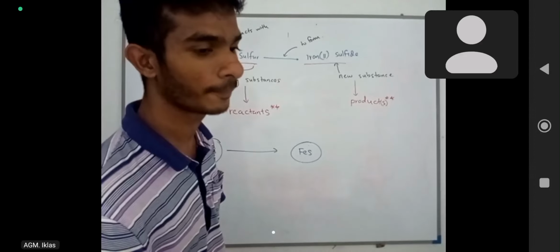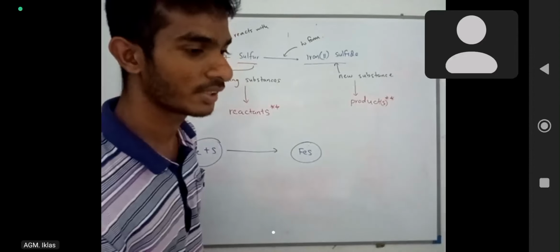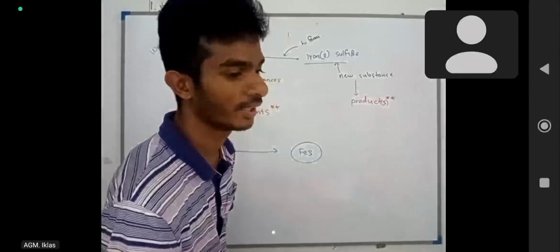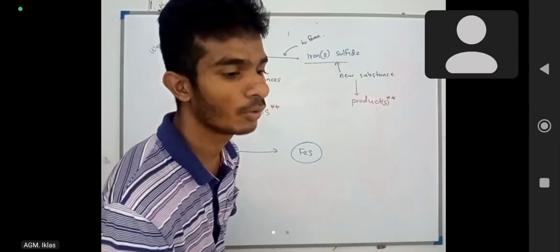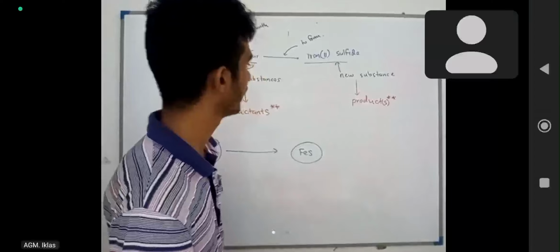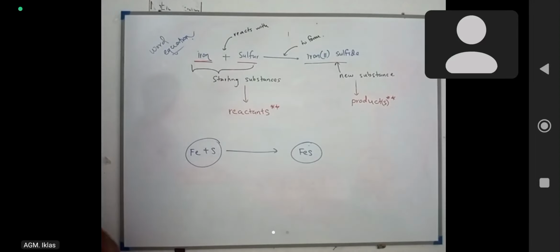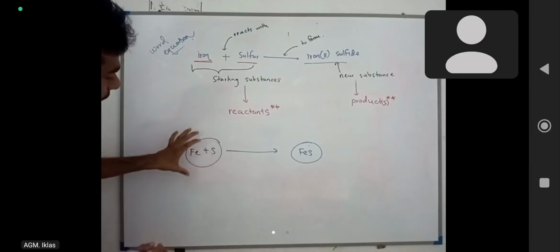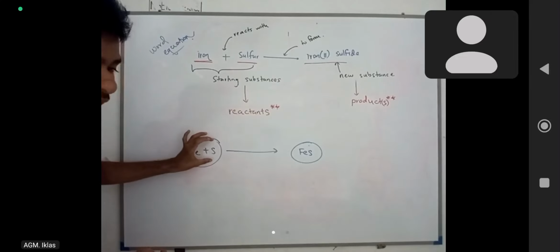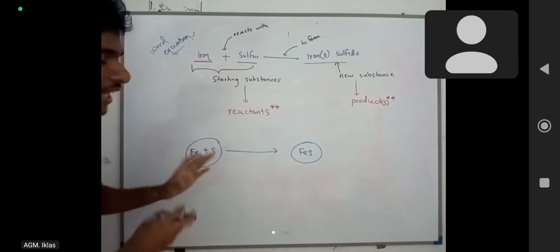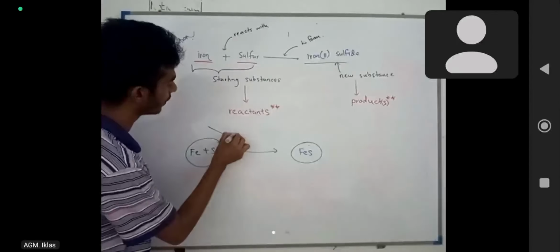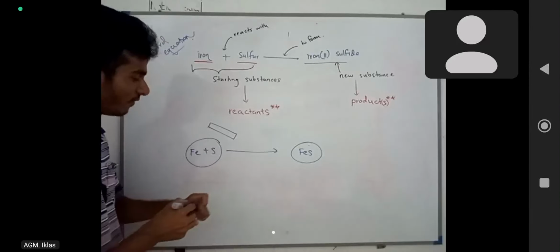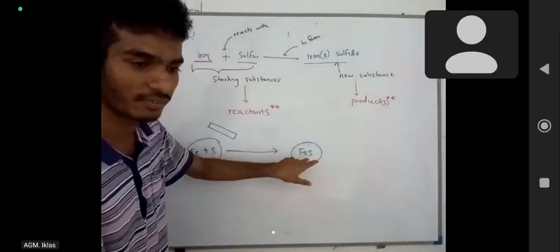Now the second sign: energy is taken in or given out during the reaction. If we keep Fe and sulfur without heating, there will be no reaction. When I bring a hot rod near this mixture, it will become Fe sulfide.